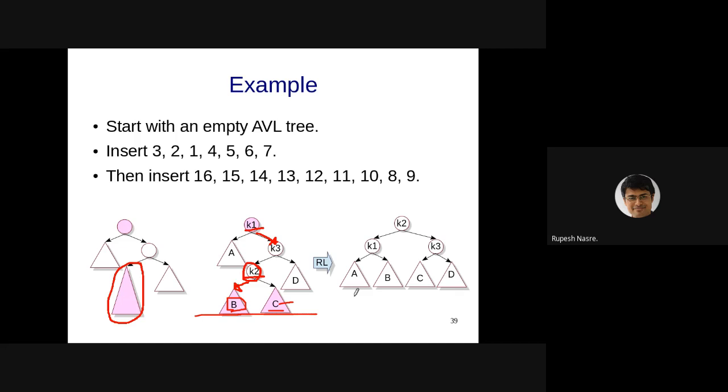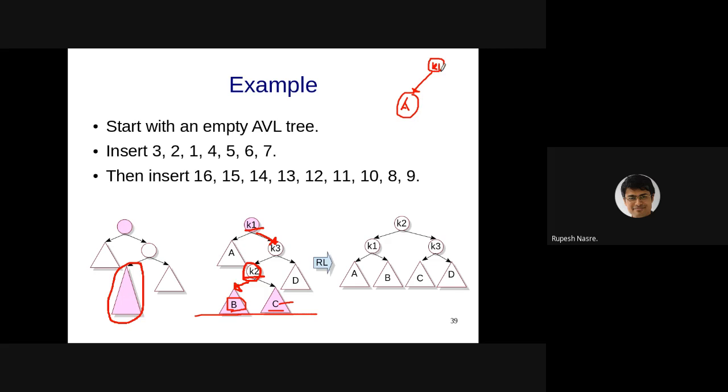Any questions on this particular RL rotation? The first rotation is okay. Let me try to draw that, and please pardon my drawing. So this is going to be K1. This part remains A. Sorry, it turned out to be a lambda.